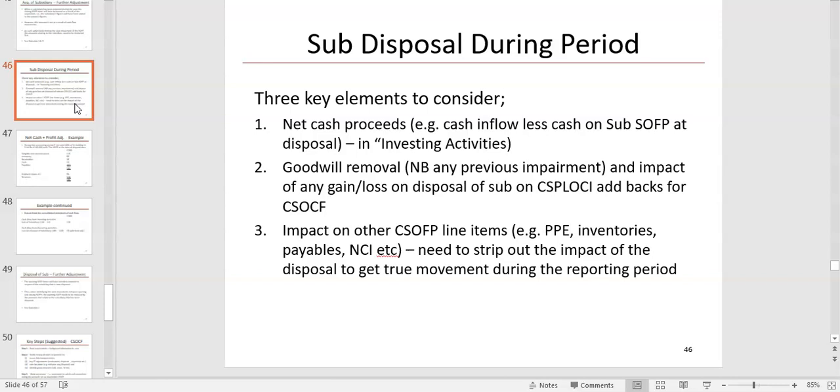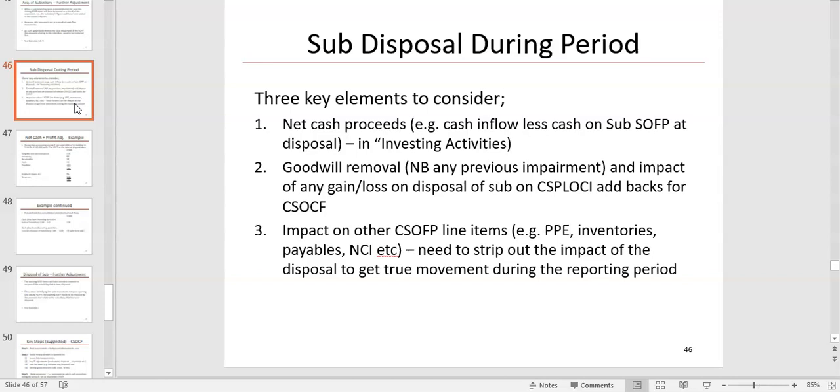So you have to deal with that and help explain the movement in goodwill in non-current assets. And you also have, for example, removal of property, plant and equipment, removal of inventories, payables, NCI. And that will impact each line item as you're trying to explain the movement between opening balance and closing balance in the consolidated statement of financial position. So it's just the opposite to the acquisition of a subsidiary.